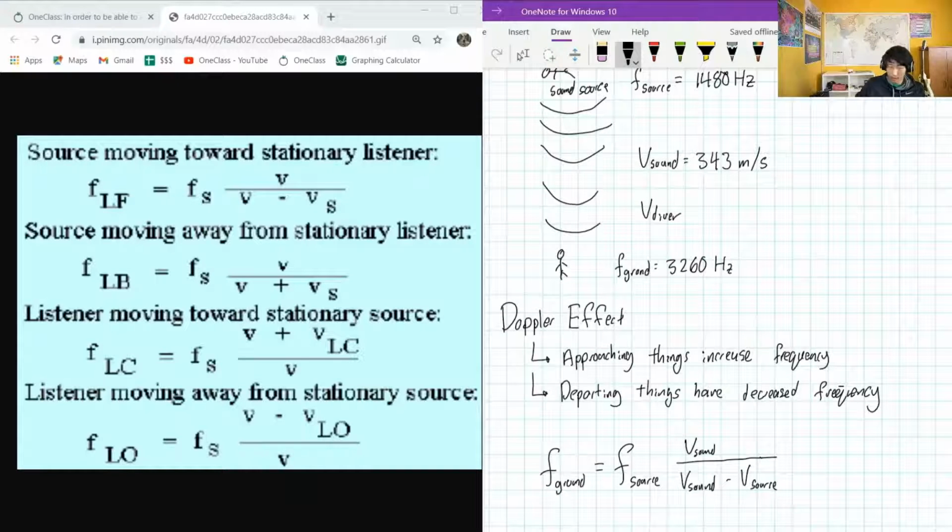Okay, this is the equation that we want to use. A source moving towards a stationary listener.